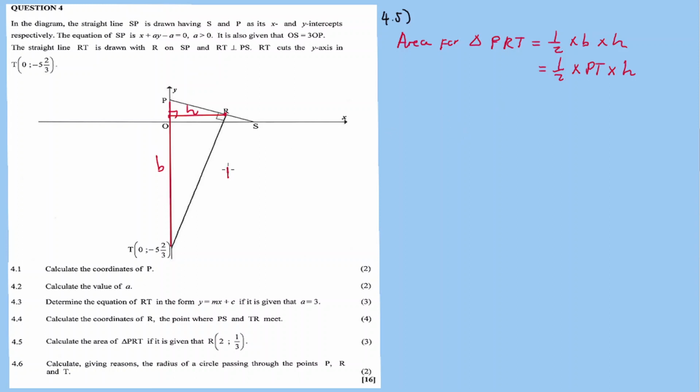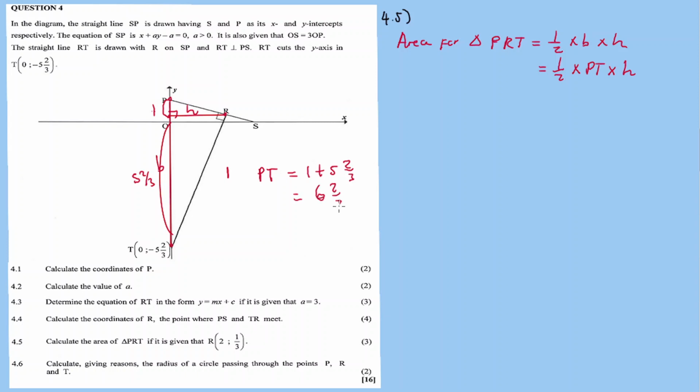PT, the distance from P to O is what? It's 1. From O to T is what? It's negative 5 over 2. But a distance is always positive, so it is 5 2 over 3. So 1 plus 5 2 over 3, what do I get? I get that PT, the distance from P to T, is 1 plus this one, so PT is 6 2 over 3.